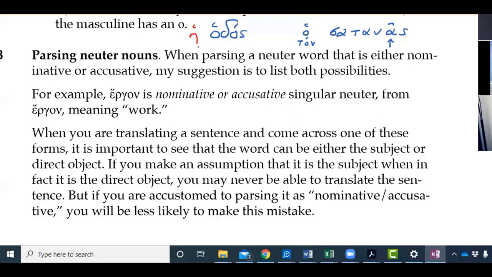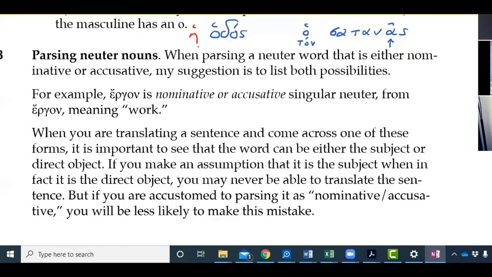Knowing and identifying the article that goes with it will really help you know what gender that noun is. But what of the situations where the article is dropped? Then you're in trouble because your friend has gone away.